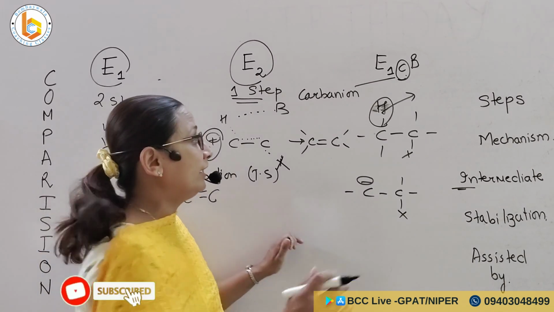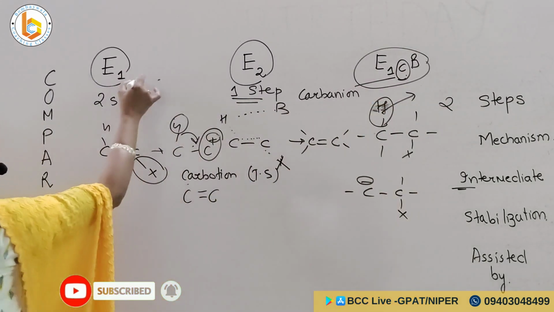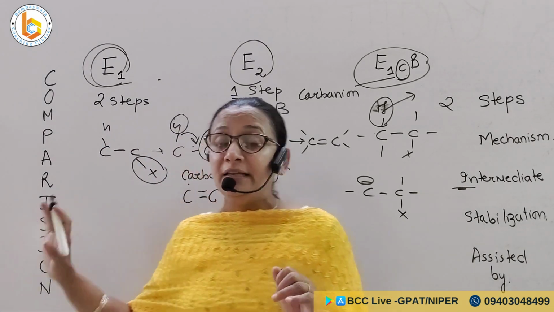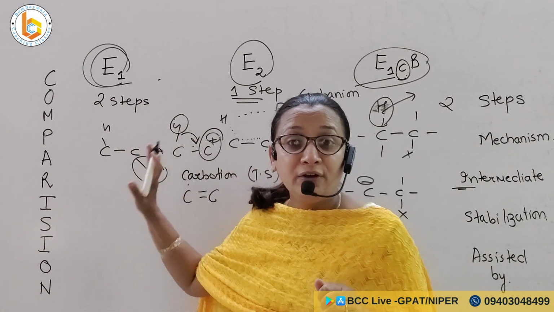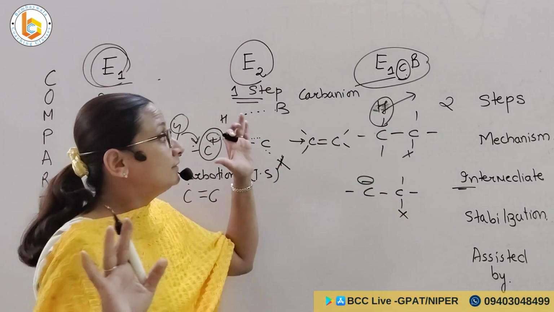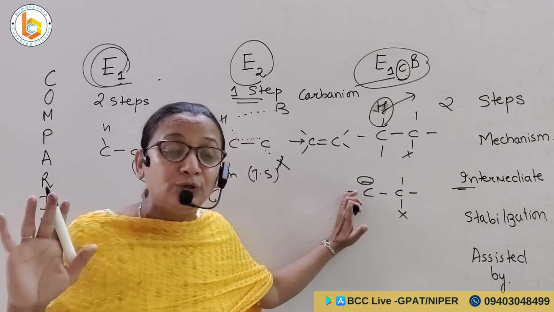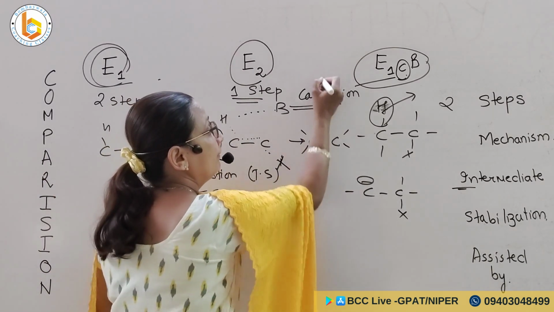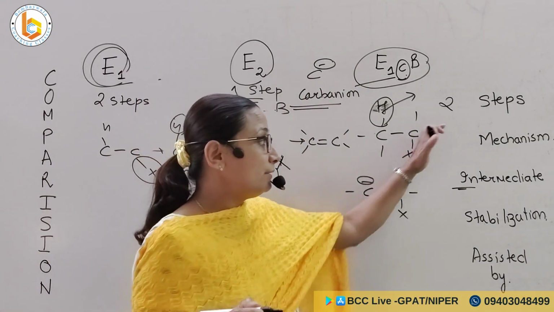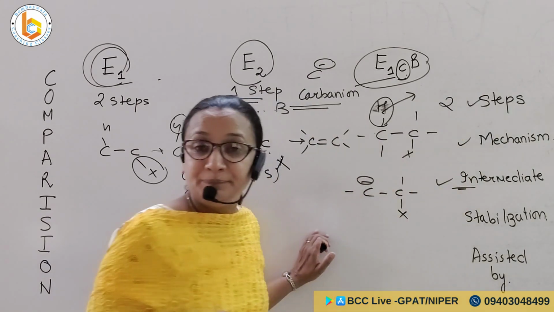It also occurs in two steps, as E1 does. But the only difference is that in elimination first order, the first step is formation of a carbocation, whereas in E1CB, the first step is formation of a carbanion, meaning carbon with a negative charge. This is about the mechanism, the number of steps and the intermediate.